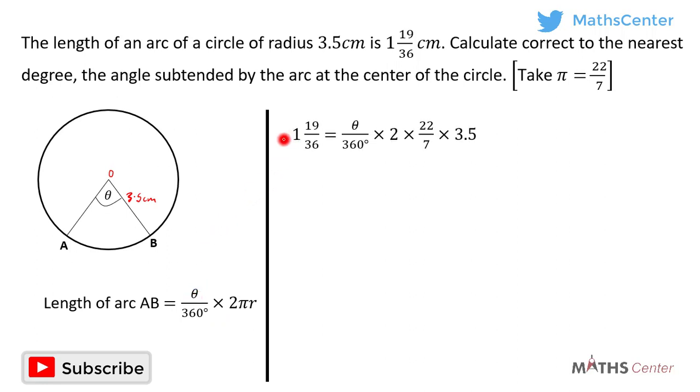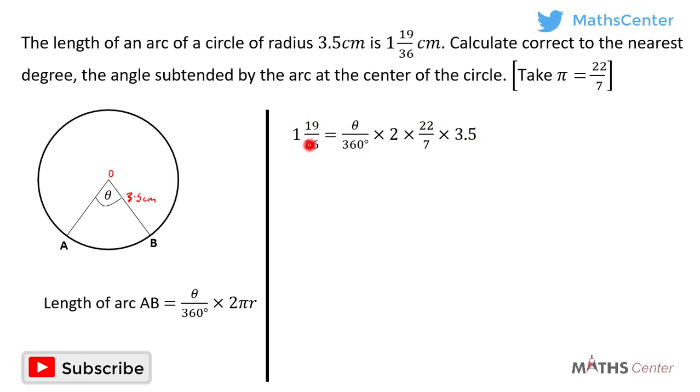The length of the arc is 1 19/36 and it is equal to theta divided by 360 degrees times 2 times pi. The question says pi is 22 divided by 7. So 22 divided by 7 times the radius r, which is 3.5 centimeters.